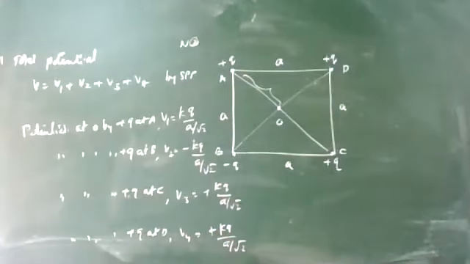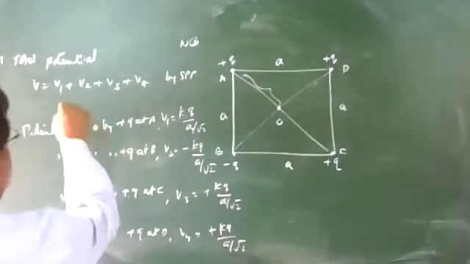This numerical you can give in a different way. Any type of values can be placed at the corners. So we mark V1, V2, V3, V4; only one charge is negative, so that potential is negative. So substitute all these in equation number 1.